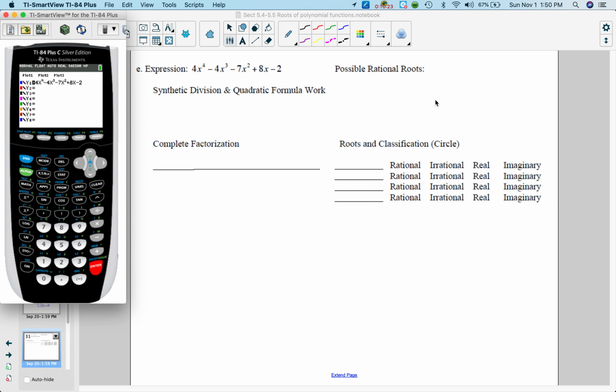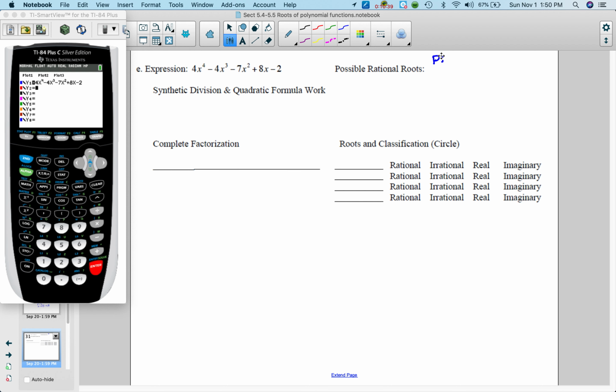So you should be noticing after a while, these all feel the same. As you practice, you're going to get really good at these. You're also going to get really good at solving quadratic equations because you have to do it a bunch. So possible rational roots for this one, because we do have a 4 out front, it's a little different. So for our p, which comes from this back part here, the constant, we have plus or minus 1 and 2.